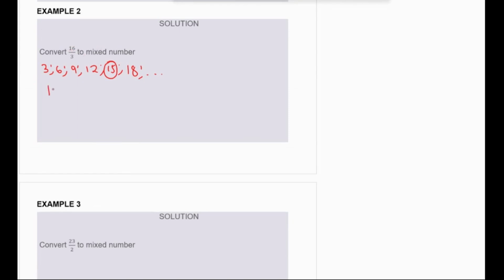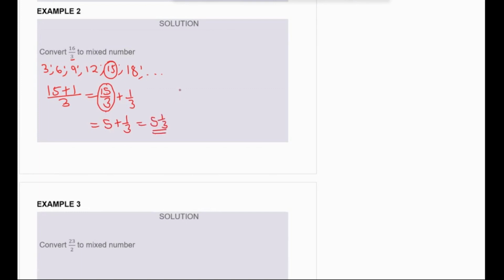So it's 15 plus 1 divided by 3, our denominator. And then we break this into two fractions: 15 divided by 3 plus 1 over 3. Then this will give us a whole number, which is 15 divided by 3 is 5, plus 1 over 3, which is equal to 5 and 1/3.